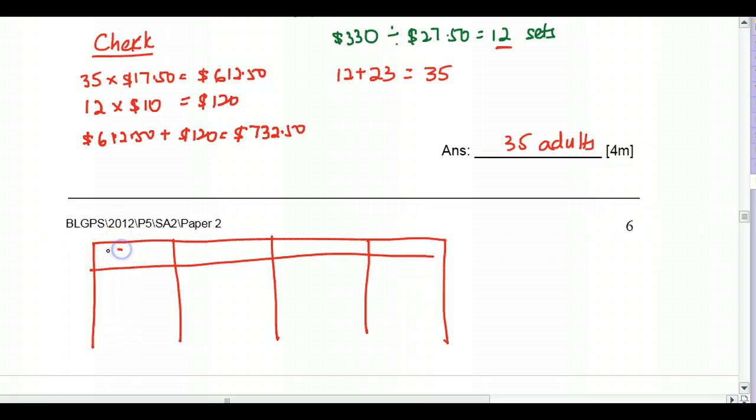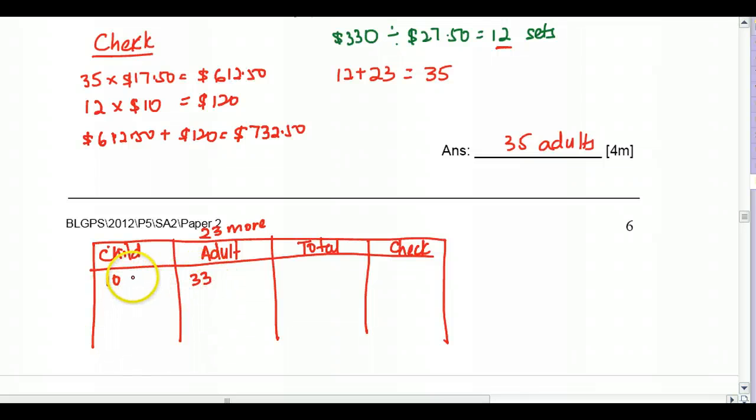I would have my child ticket, adult's ticket, the total, and always have a check column. Right. There are 23 more adults. So if I have 10 children, I would have 33 adults.